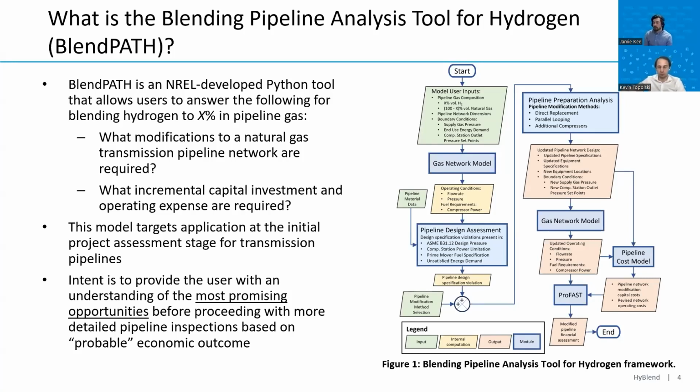We developed BlendPATH to target the initial project assessment stage for transmission pipelines. This is where the pipeline owner or operator is gathering pipeline design and operating records for the system that they are looking to assess.